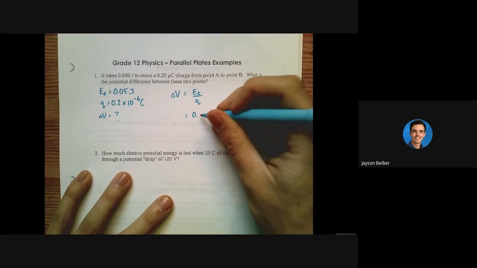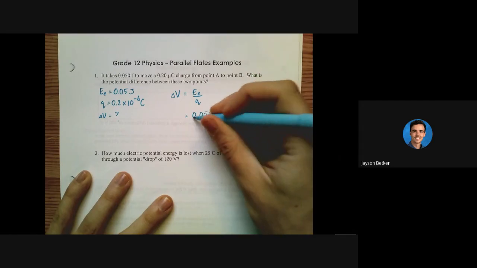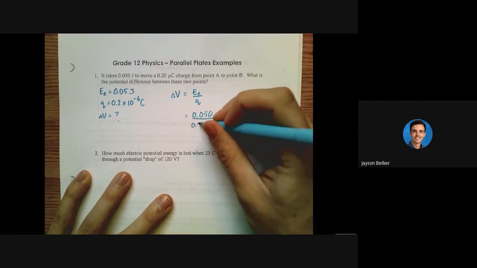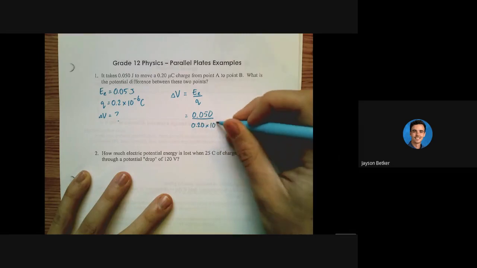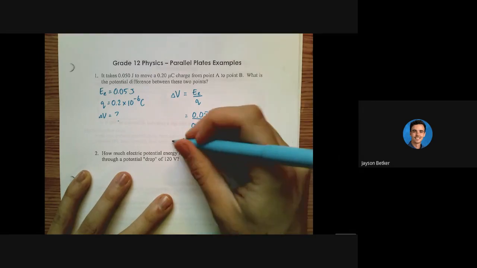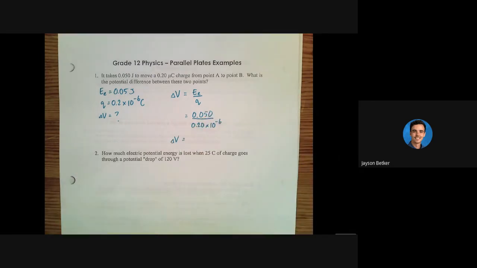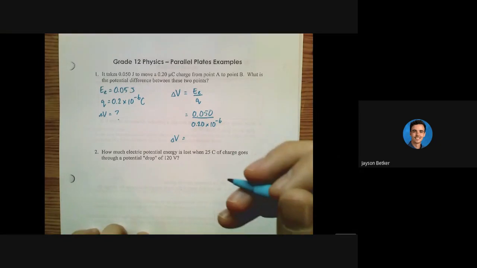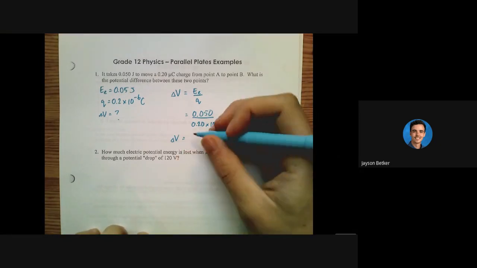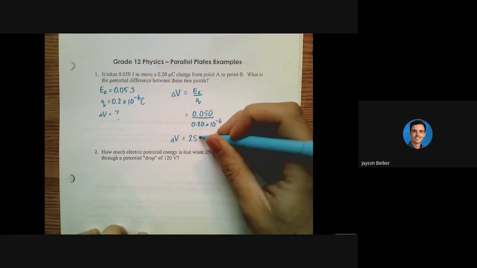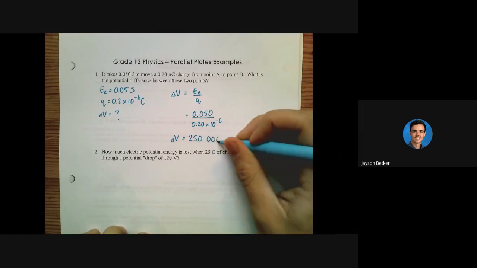So 0.050 divided by 0.20 times 10 to the negative 6. That should give us our potential difference. And if we do that, we should get 250,000.